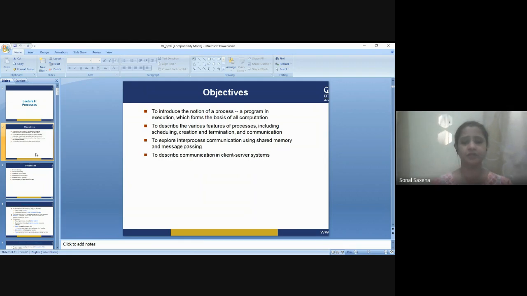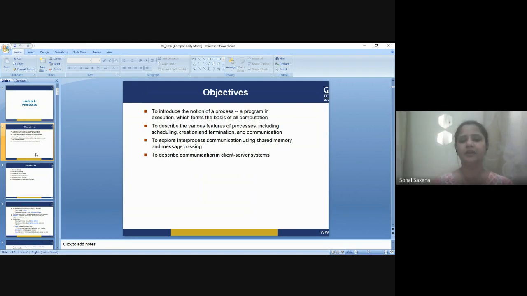What are the attributes of the processes, including the scheduling of these processes, the creation, the termination, and the communication. Then I'll explain and explore the inter-process communication between two processes. The two processes try to communicate using a mechanism which is called inter-process communication. So we'll understand this topic.